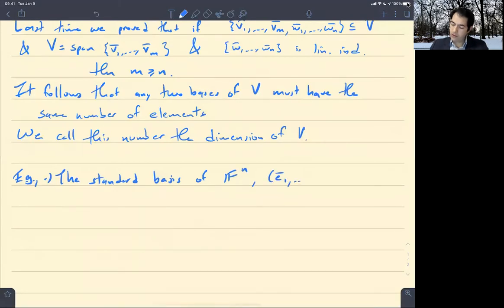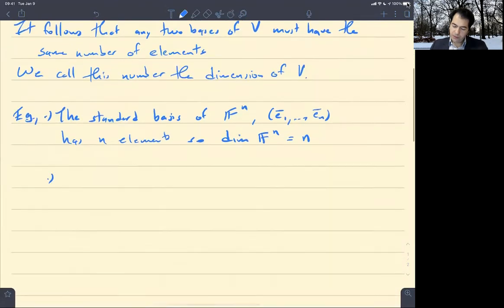These are the vectors e1 through en, has n elements. So the dimension of Fn is equal to n. Okay, just like we expected, right? The dimension of R3 is 3.